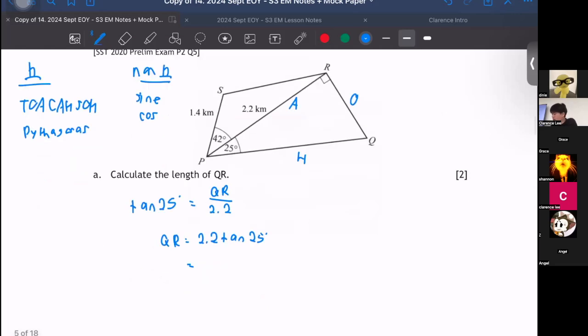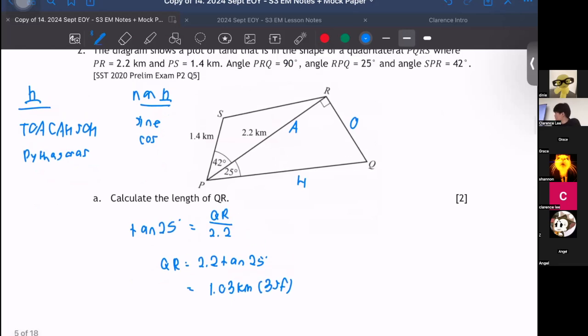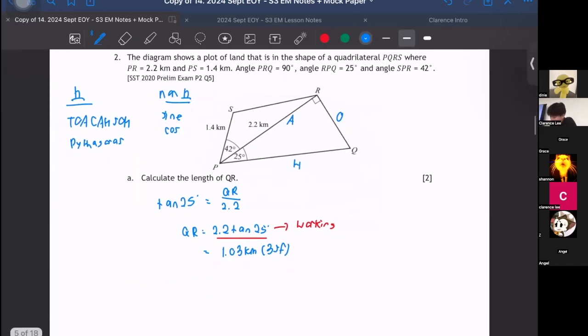Simplify this to 3SF, final answer, you get 1.03. But if you want to ever use the length QR, use this one for working. Okay, that is for part A.